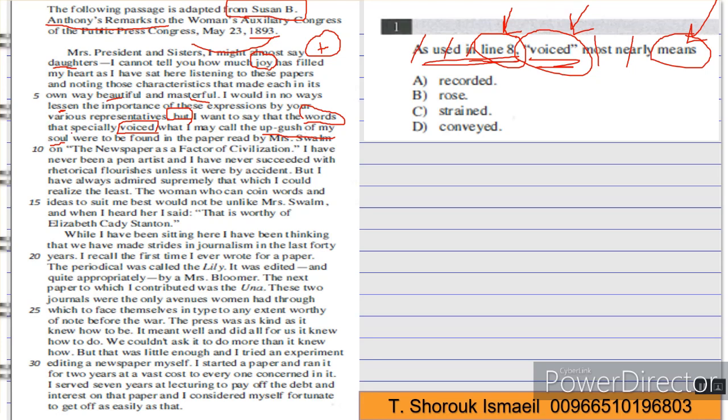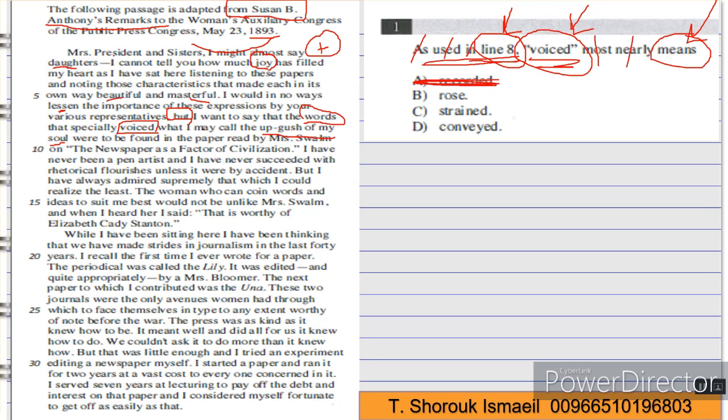Let's come to the answer choices. First thing, we said that here the tone is positive. Let's have a look at the first answer choice, recorded. And actually we're talking about, as we said previously, the 19th century. At that time we didn't have even any kind of recording, so this answer is eliminated.